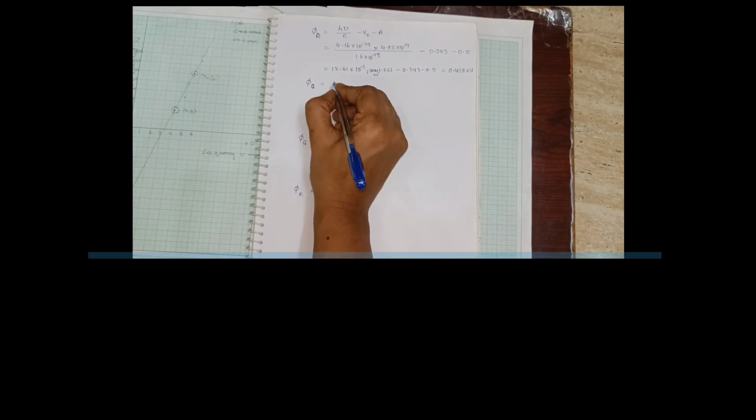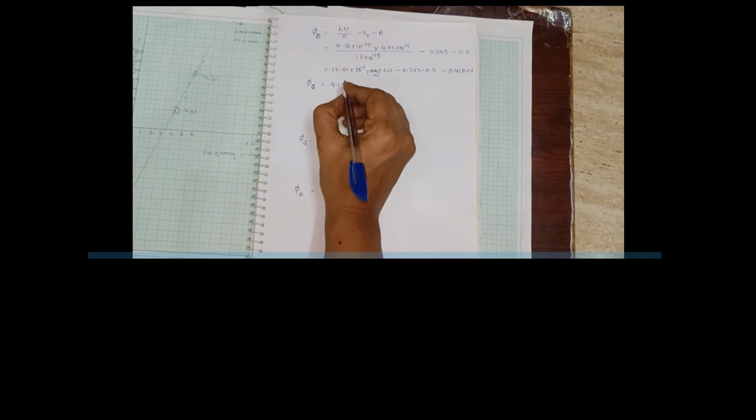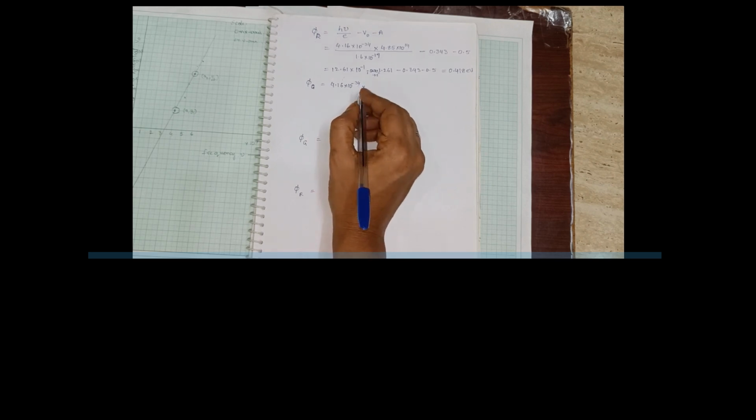So now coming to orange, the same formula. The Planck's constant which we got, that only we have to take. So that is 4.16 into 10 power minus 34.